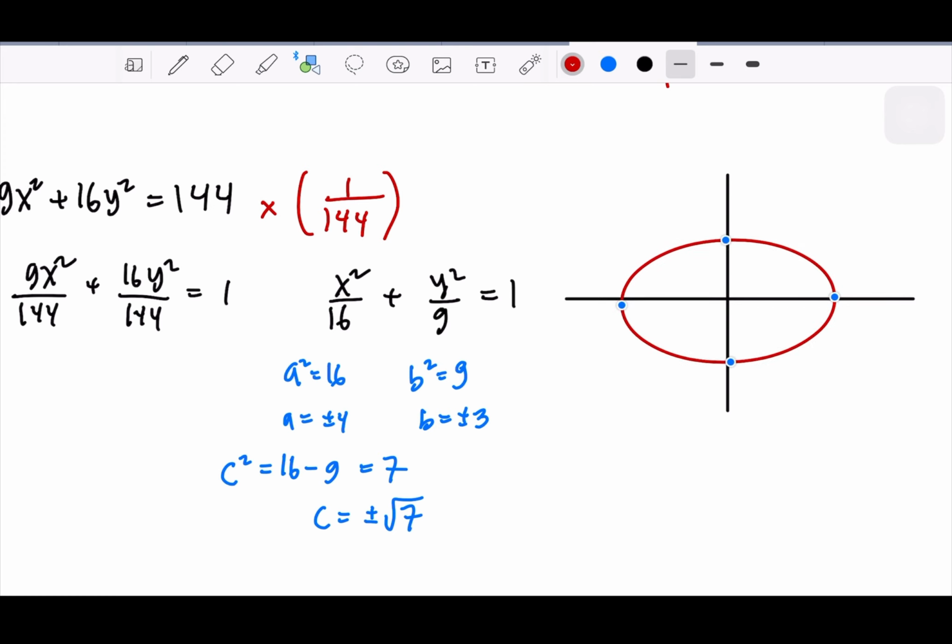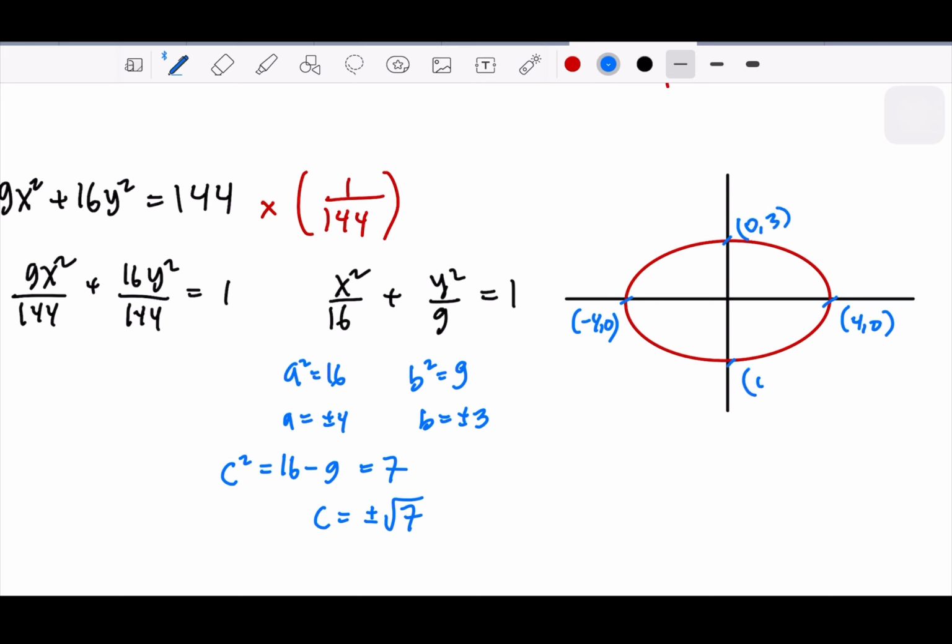Okay, maybe around there. So it should be (4, 0) here, (negative 4, 0), and this will be (0, 3).